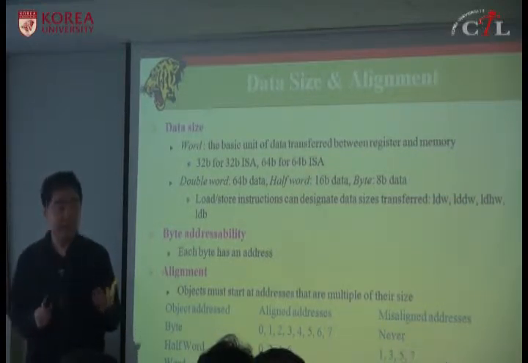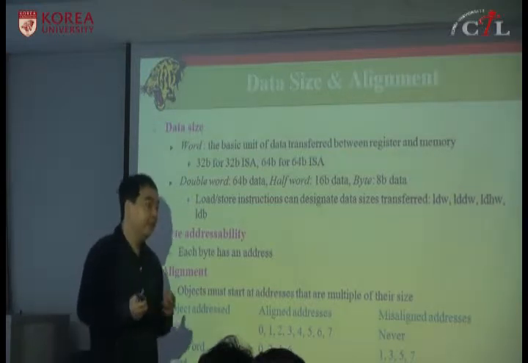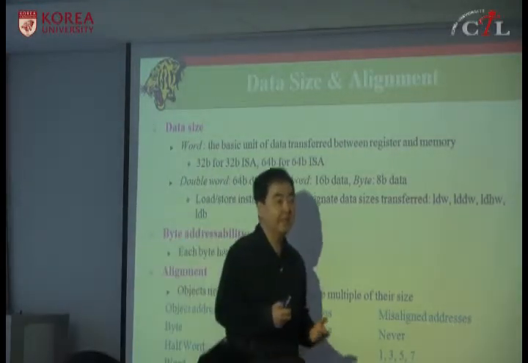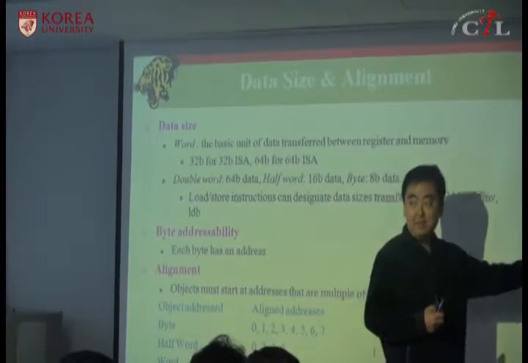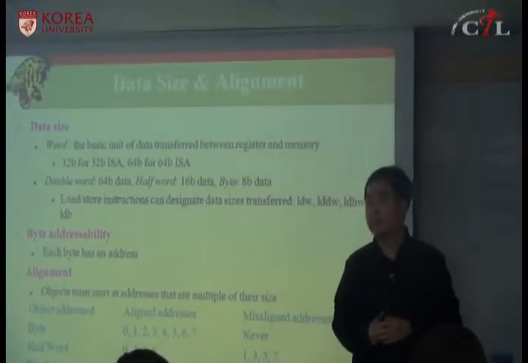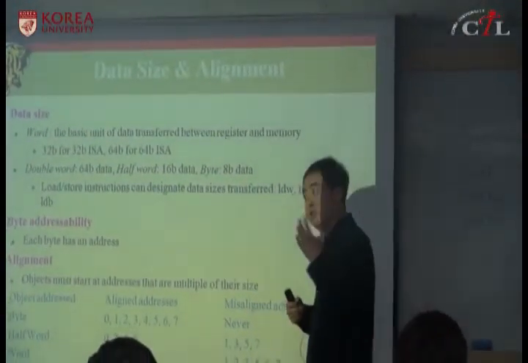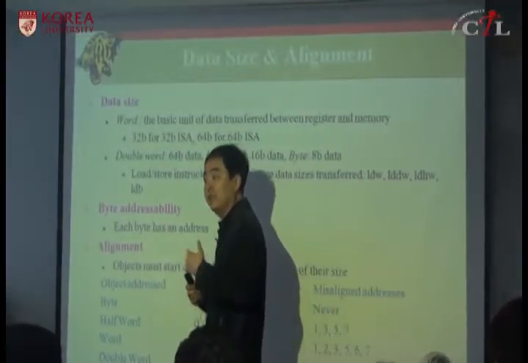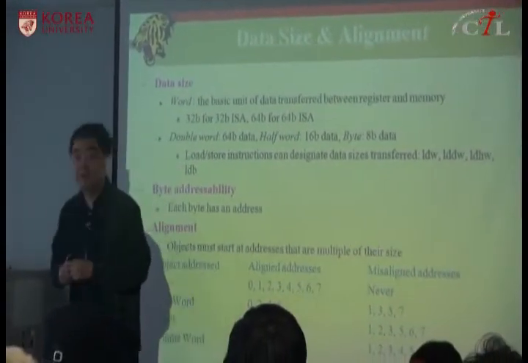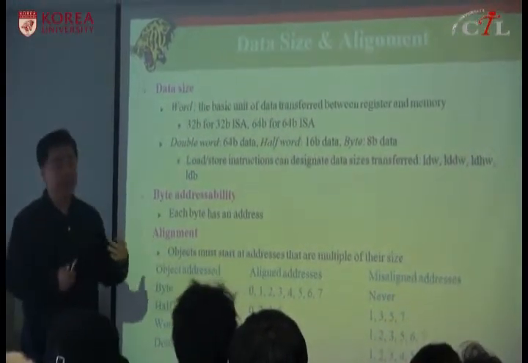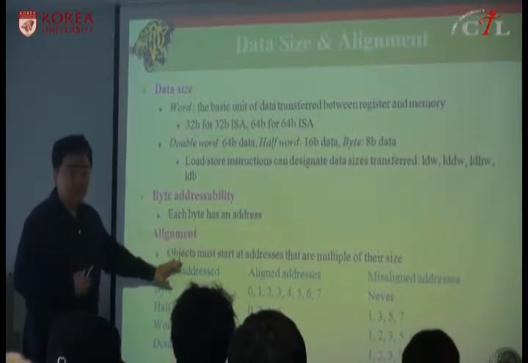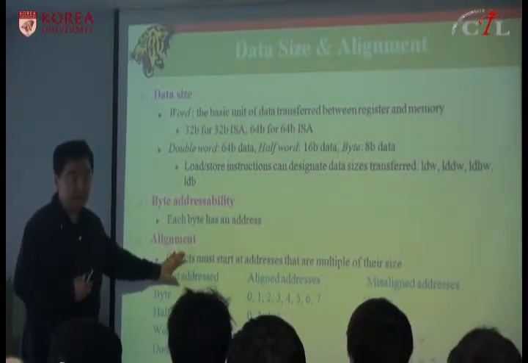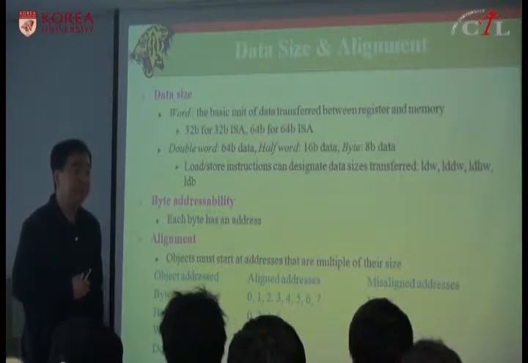Or sometimes on another machine, it accepts the instruction and tries to fetch that object, but it runs slower. Usually the compiler generates aligned memory addresses, so they are all aligned. Okay.